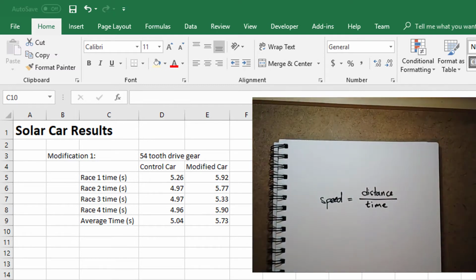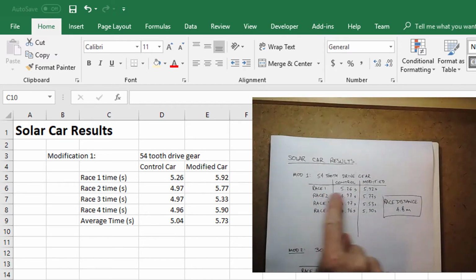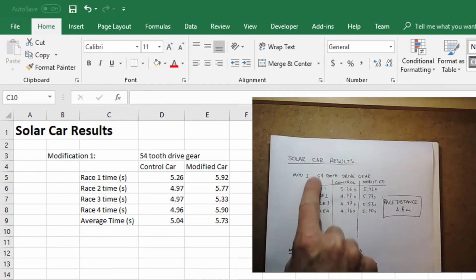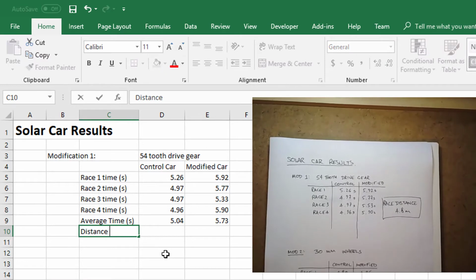If I look up my race results, here we go, I know that for this race, for modification 1, I raced over a distance of 4.8 meters. So that's my distance. I'm going to put in my spreadsheet, distance in meters, and that was 4.8.